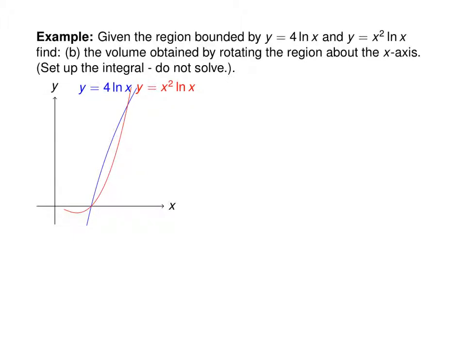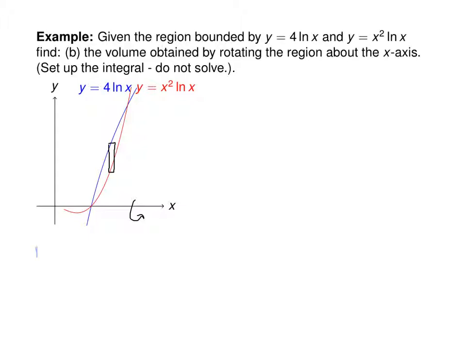Now in the final question, we will find the volume obtained by rotating the region about the x-axis. We are just going to set up this integral, not solve it, since so much of the important part of being able to find volumes of solids of rotation is figuring out how to set up the problem. So here is a typical slice. Now when we slice this, we are going to have circles with holes in them.